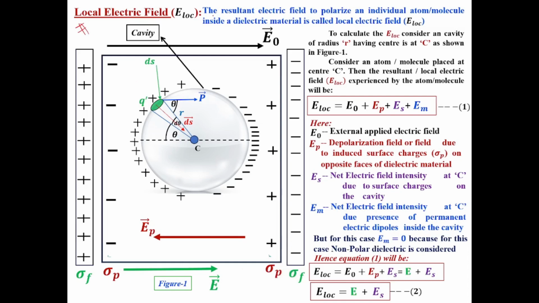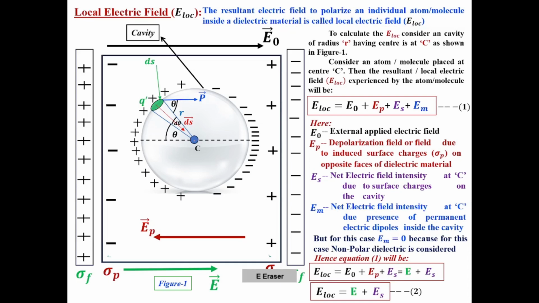From here, this is a simple definition of the local electric field: the resultant electric field that polarizes an individual atom or molecule inside a dielectric material is called the local electric field.